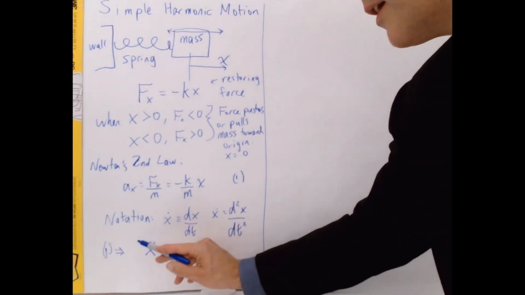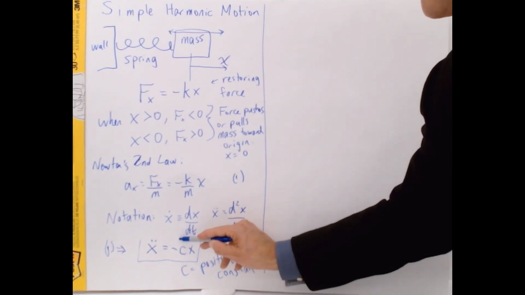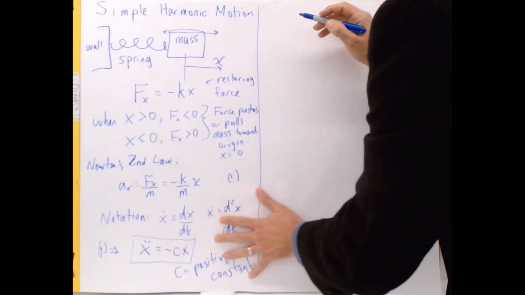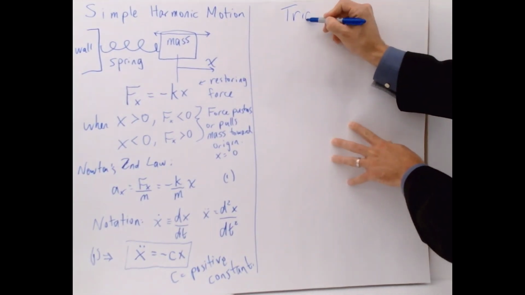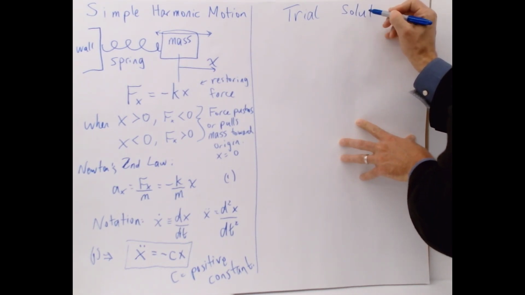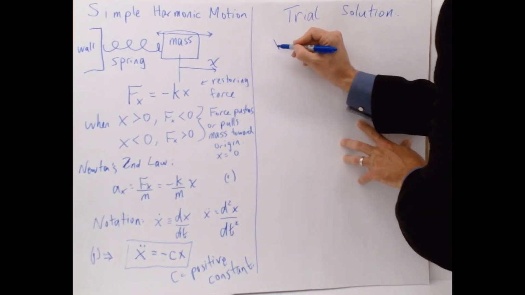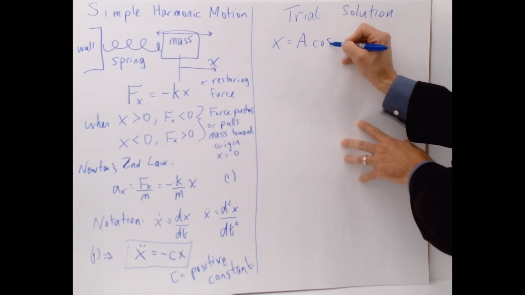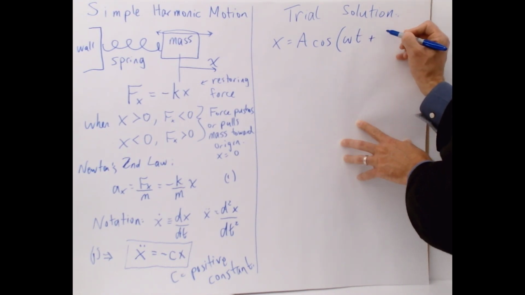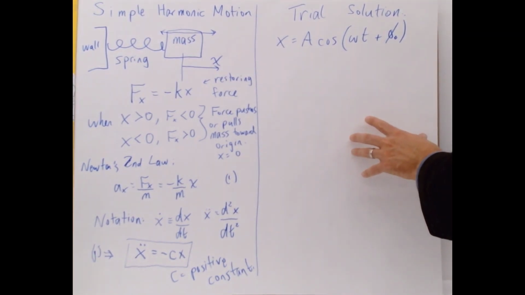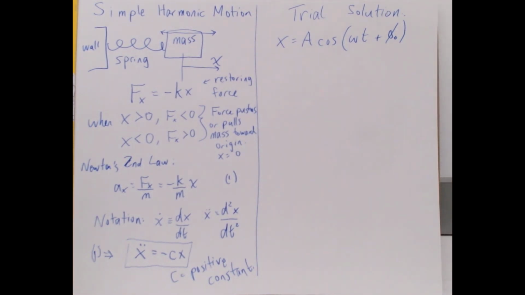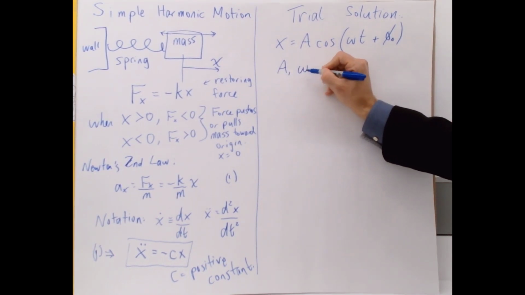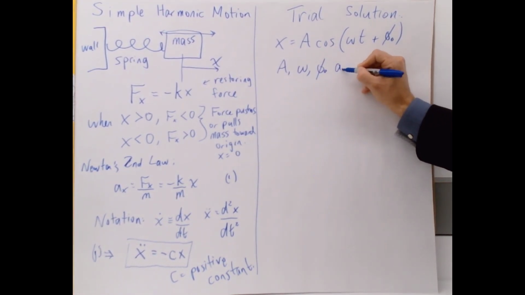Okay, so this is a differential equation, and the way you solve that is you get a trial solution. So the trial solution is that x is equal to A times the cosine of omega t plus phi naught, where I've introduced 3 constants there: A, omega, and phi naught are constants.